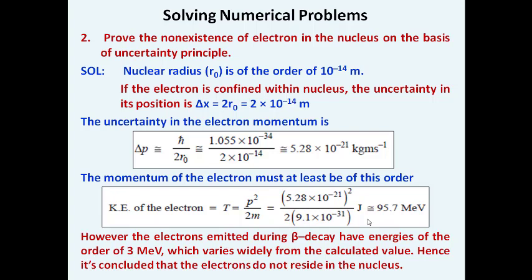This is another proof we got by following Heisenberg's uncertainty principle, revealing that an atom consists of a positively charged nucleus and the electrons revolve around the nucleus. There is no chance of electrons being available inside the nucleus. So it confirms the real outlook of the atom.